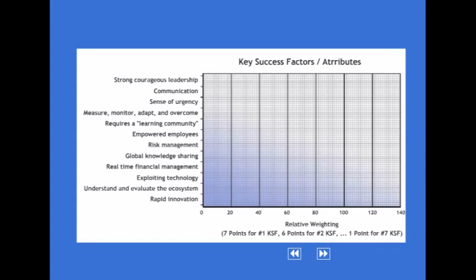The key success factors to lead change is that you require strong, courageous leadership. You must have a communication system well established within your organization. You must create a sense of urgency within your organization. You must have the metrics to be able to measure, monitor, adapt, and overcome to the changes in your ecosystem.